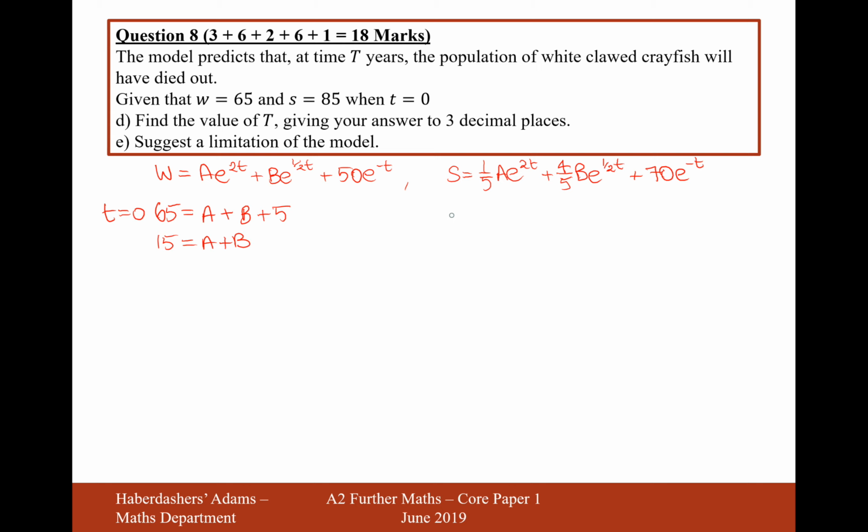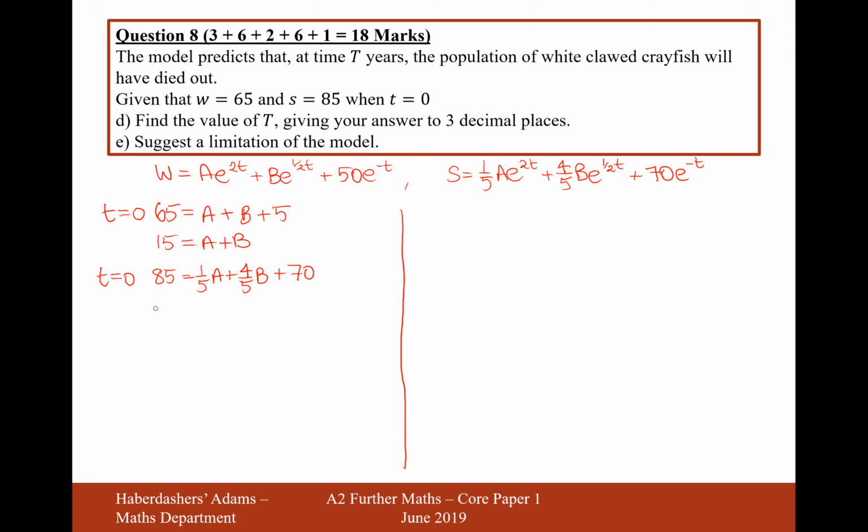And then on this side over here, let's just do the workings on this side first. When t equals 0 for s, s is equal to 85, so 85 equals a fifth of a plus 4/5 of b, and that's then plus 70.